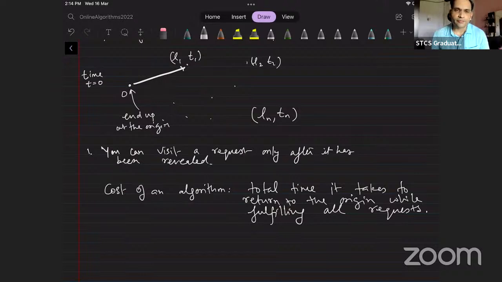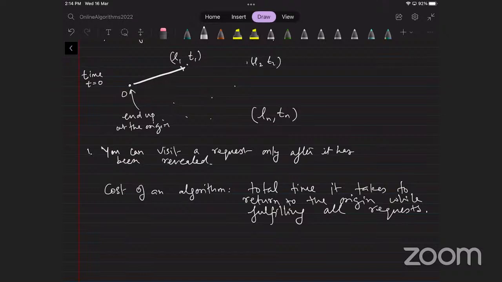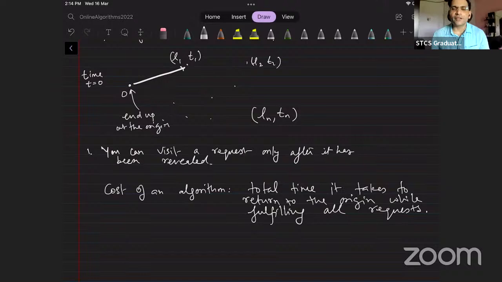Nobody knows what n is. You don't start, you don't start. OPT might have started. And if you don't start, you can easily destroy the algorithm. Suppose there is only one request which is going to show up and you didn't start. OPT would quickly go and come back and you are just still standing at the origin. So n is not known ahead of time.